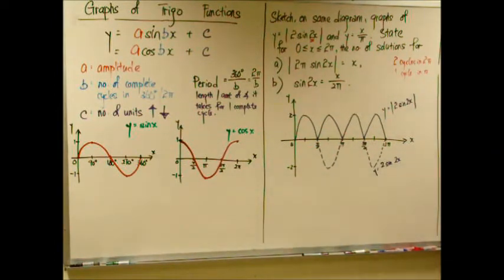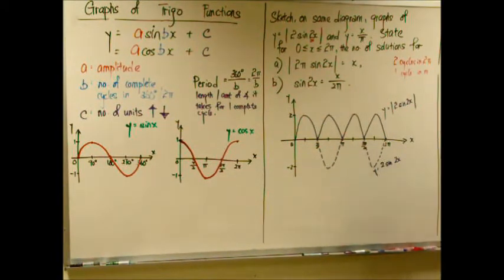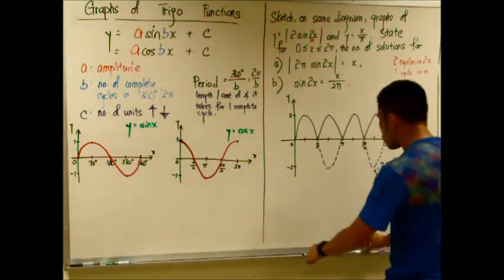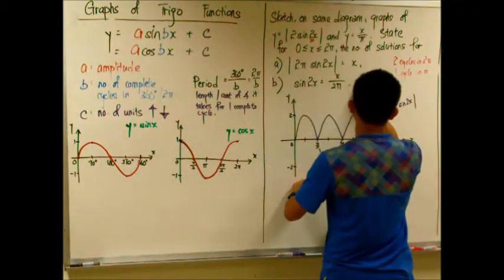Now comes the complicated one. This is the easiest, even though it looks complicated. y equals x over pi. On first glance, it looks very difficult. But mind you, drawing a straight line, how many points do we need? 3. So you just have to construct a simple table with 3 points inside.